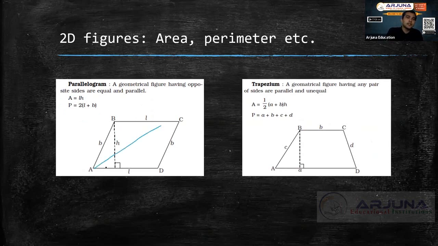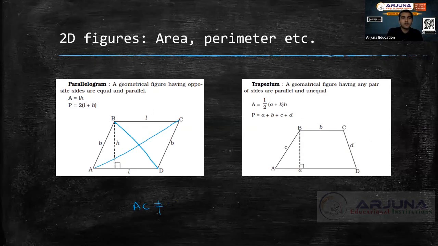For a simple parallelogram, the lengths of the diagonals are not equal, neither are the diagonals perpendicular to each other. So they are not perpendicular, and they are not equal. Okay, so I'm just revising. All these points you know, but it is just refreshing.